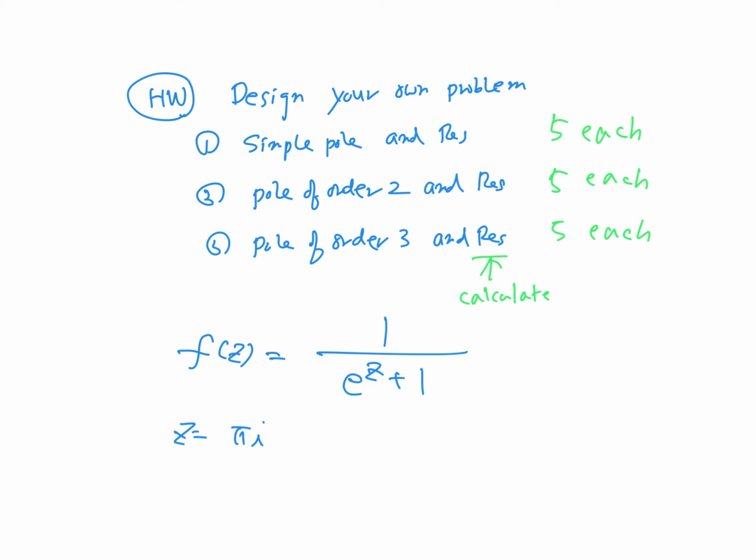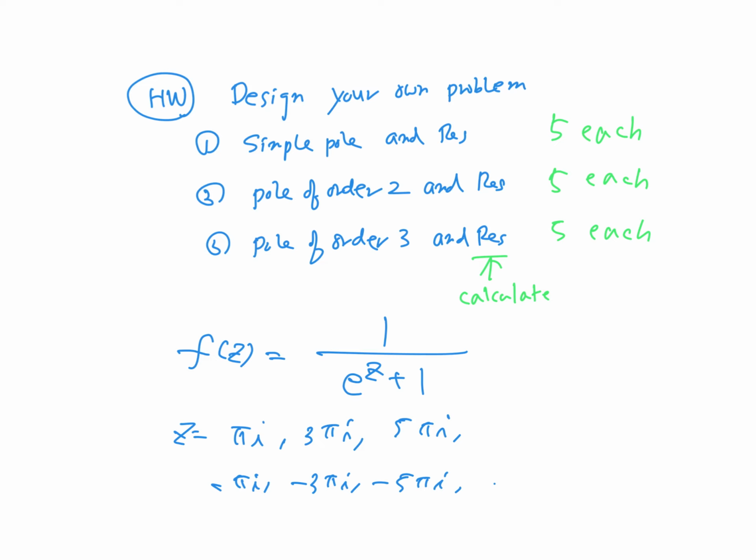Exponential of pi i is minus 1, 3 pi i is minus 1, 5 pi i is minus 1. So also minus pi i, minus 3 pi i. So it does have infinite singularities on the imaginary axis: pi i, minus pi i, 3 pi i, minus 3 pi i. So it's odd multiples of pi i. Even and odd, you know, right? Even is 짝수, odd is 홀수.